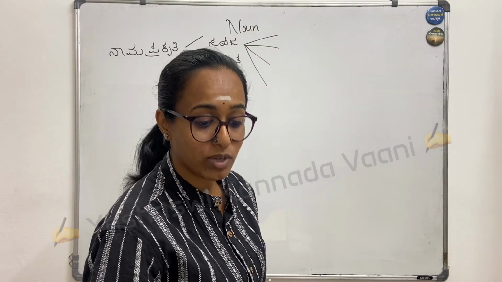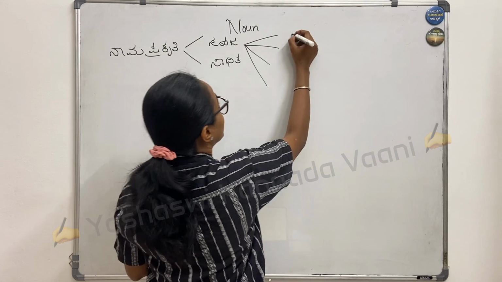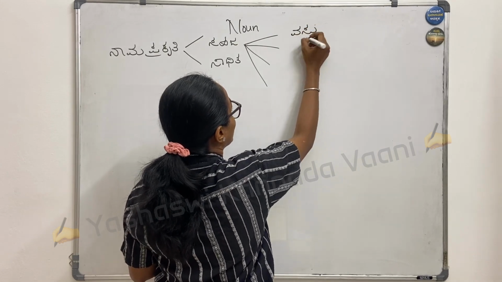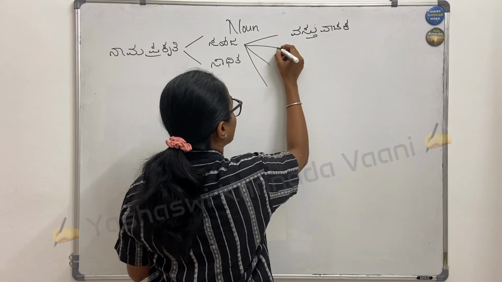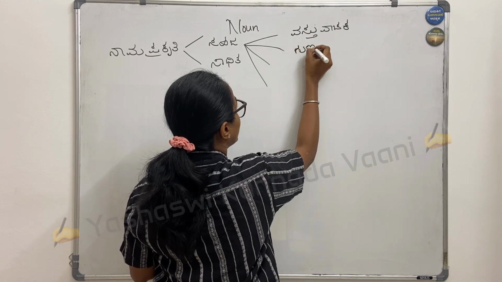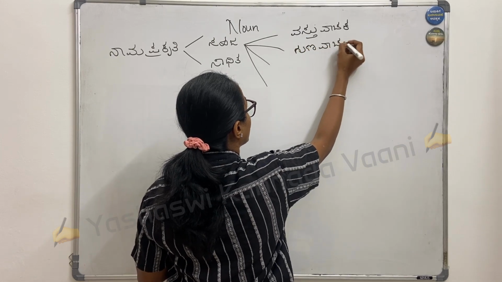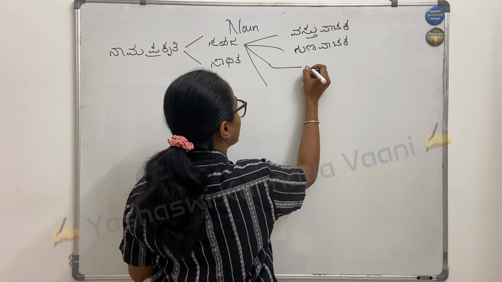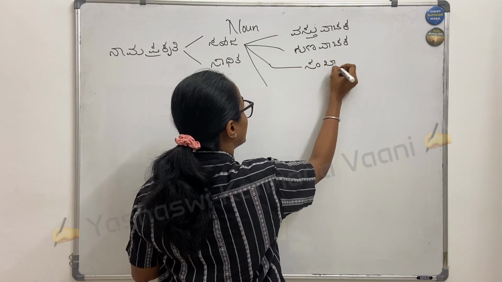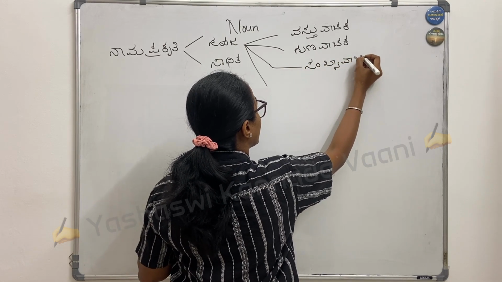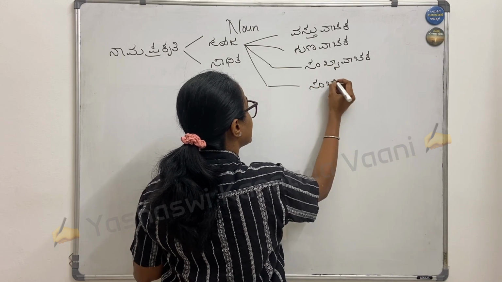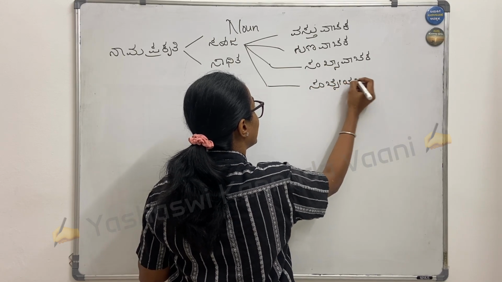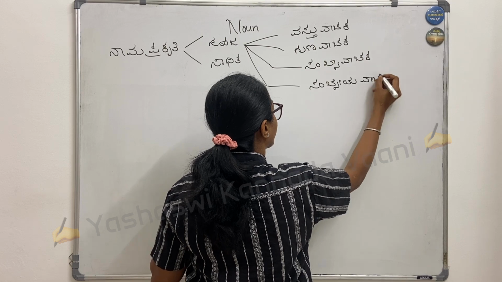The first one is Vastuvachaka. I hope you remember Vastuvachakagalu. The second one is Gunavachakagalu. The third one is Sankyavachakagalu. And the fourth one is Sankyeya Vachakagalu.